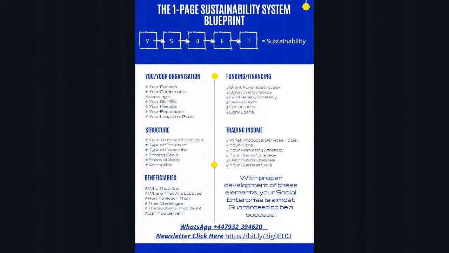All right, let's look at this again. So this one-page sustainability system blueprint talks about your organization, the structure you need to establish for that organization. You need to identify the beneficiaries you're going to be working with, and equally how you're going to raise the finance necessary to fund the business.